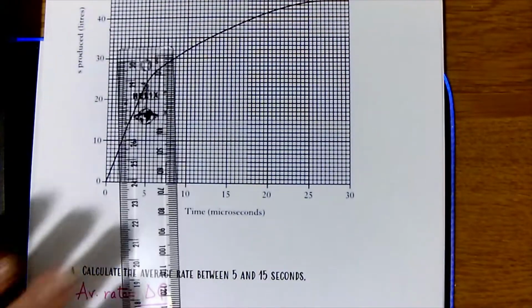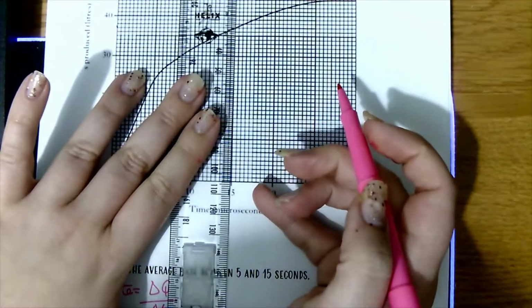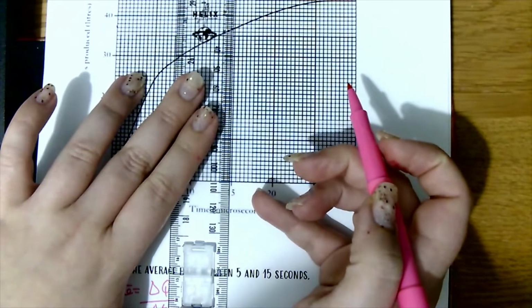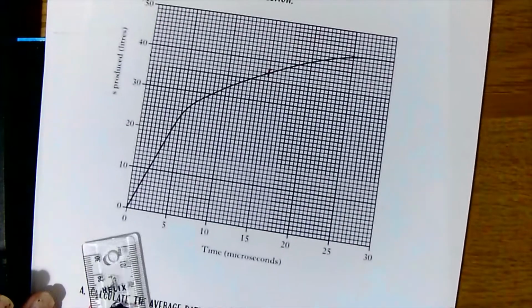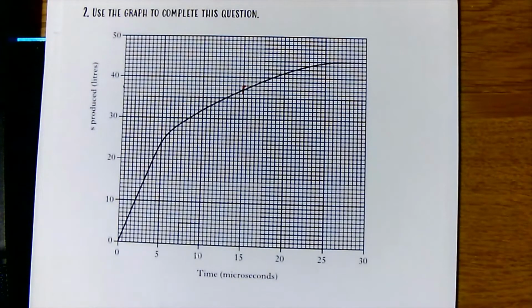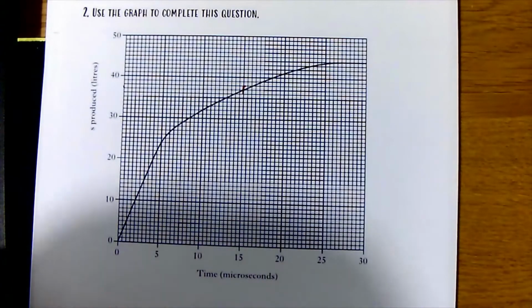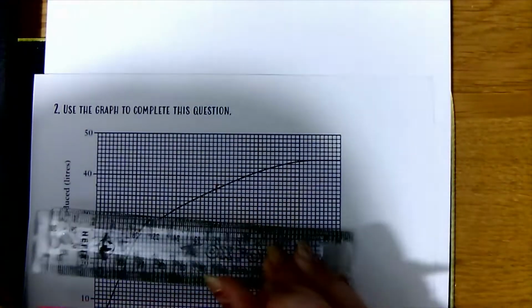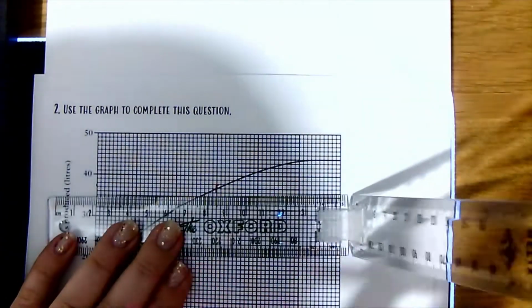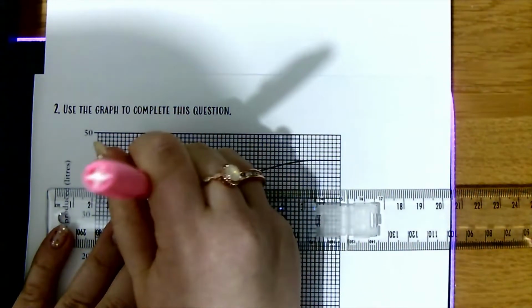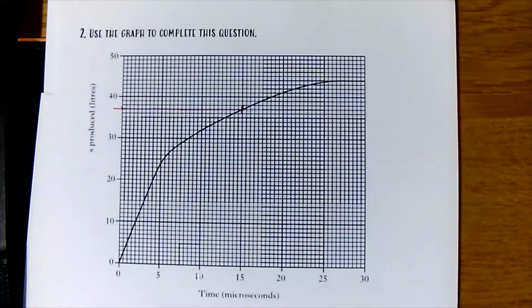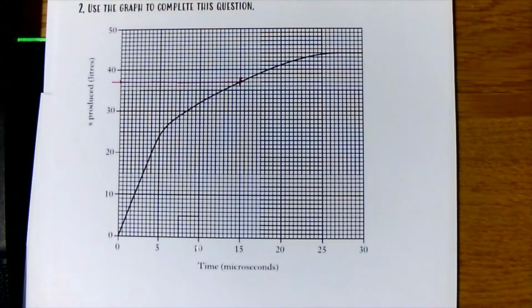So at 15 seconds we go up, use a ruler to point to where our line meets, and then if you draw that across, and then read your figure off the side, you will see that that is 37 litres.